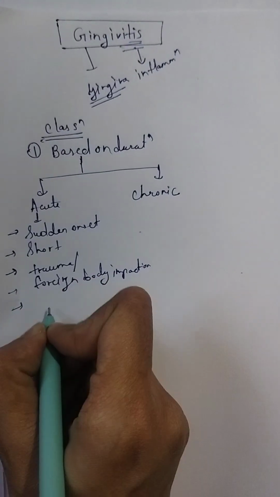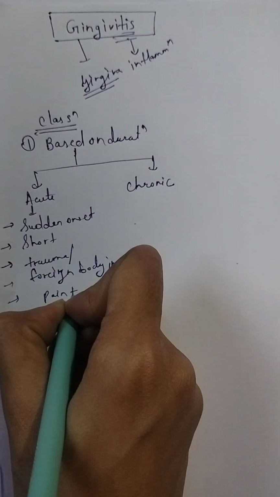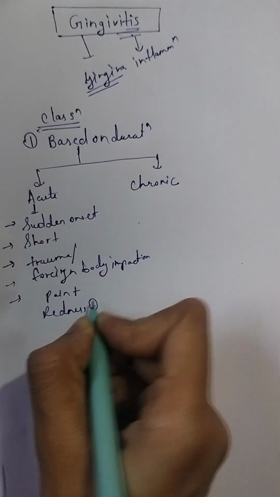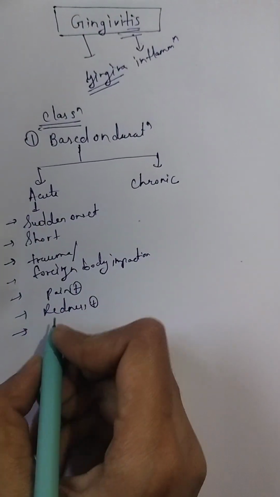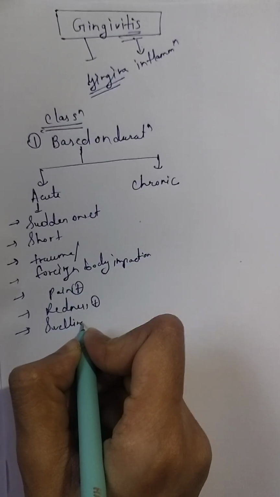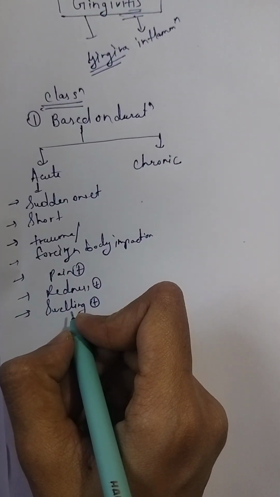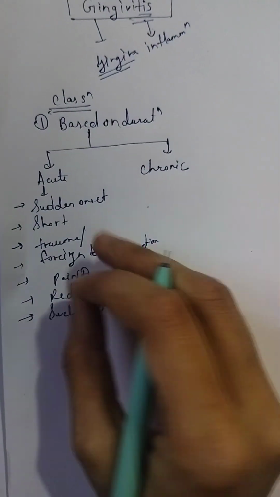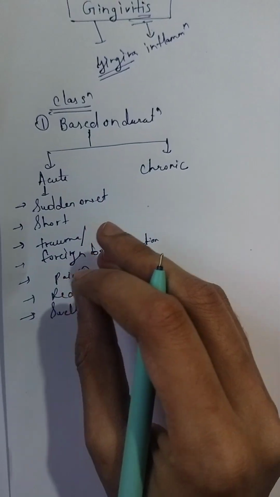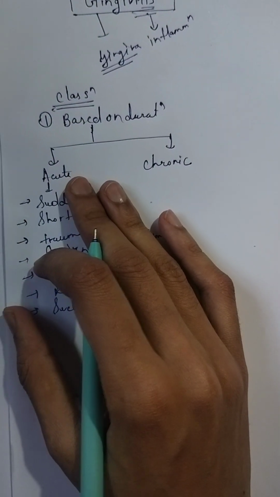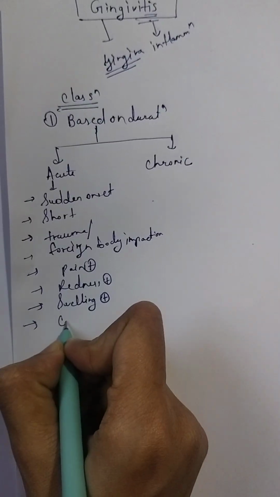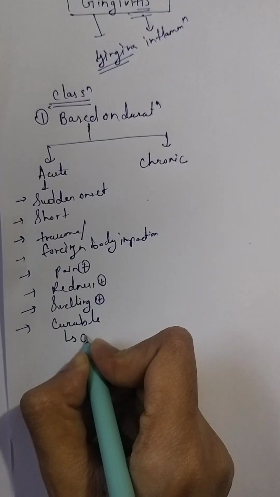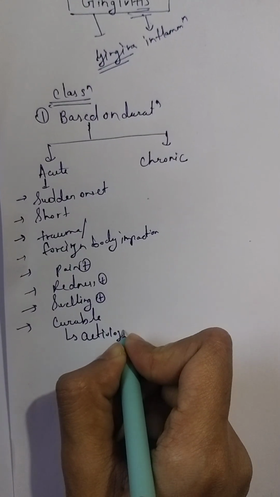There is a presence of pain, redness, and swelling in the acute form of gingivitis. Gingiva returns to the normal state when we cure the etiology of that gingivitis. It is curable when we work on the etiology.